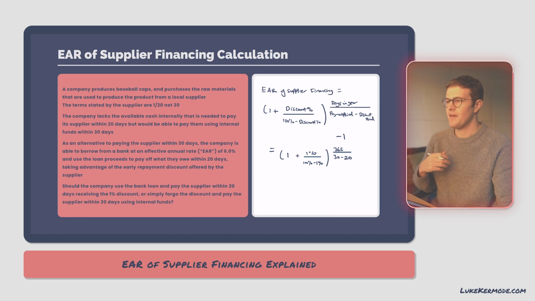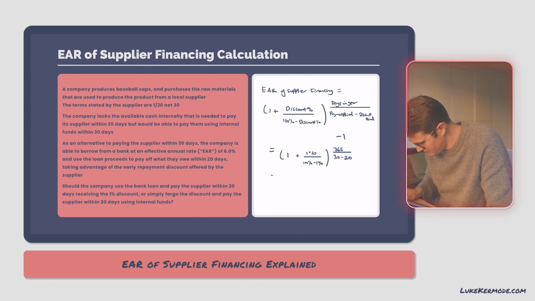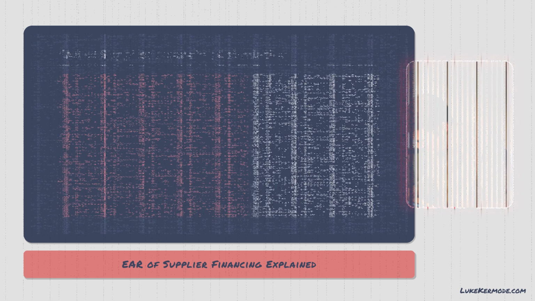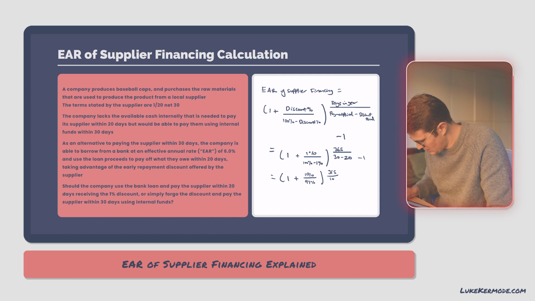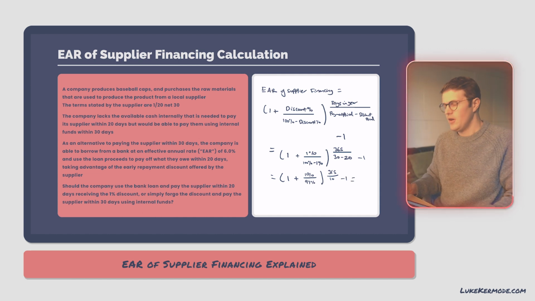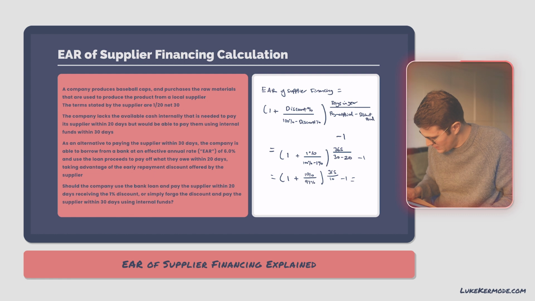So if you run the maths on that, you will have 1 plus 1% over 99%. That's minus 1 at the end. If you run the maths on that, you will find that the EAR is equal to 44.3%.